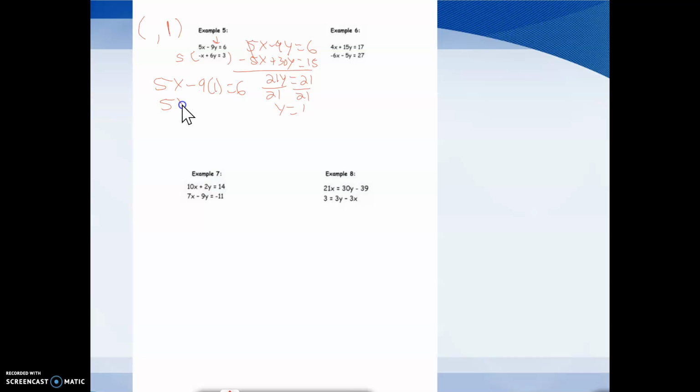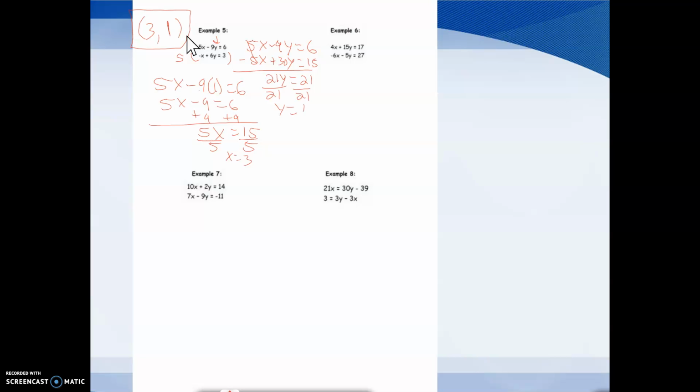Okay, so we got 5x minus 9 equals 6. I'm going to add 9 to 6, right? So 5x is going to equal 9 and 6 is 15, right? Divide out 5, and x is 3. Okay, a little more work, but again, I think it was worth it.